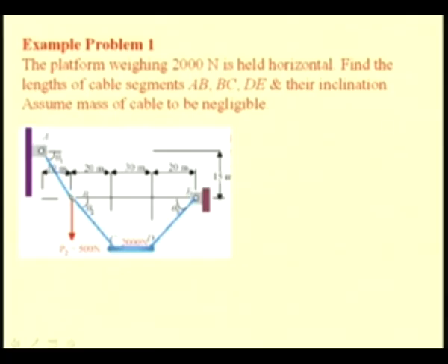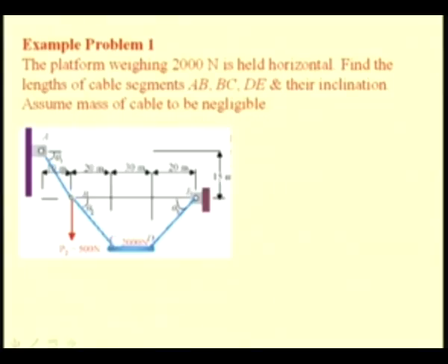The cables are tied at this point E and at point A, and in order to maintain this platform in the horizontal position, we have the concentrated load P2, which is 500 newtons acting at a point B. This is to make sure that the cable takes a shape such that the platform is maintained in the horizontal position.